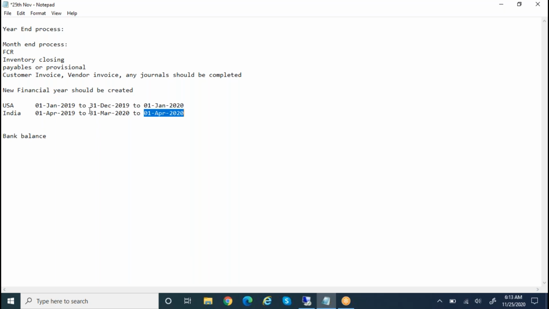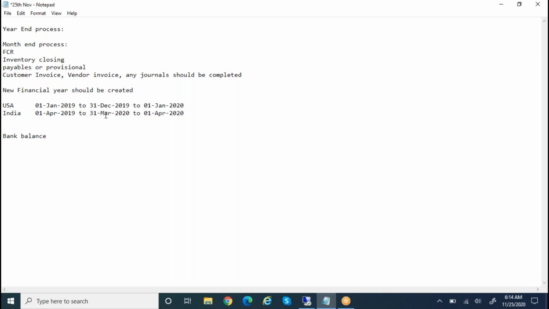The closing balance of the last year should be transferred to the next year. Here, the year is only one day. Observe, this is also 31st December 2019 to Jan 1st 2020. The closing balances of the last year should be transferred to the next year.